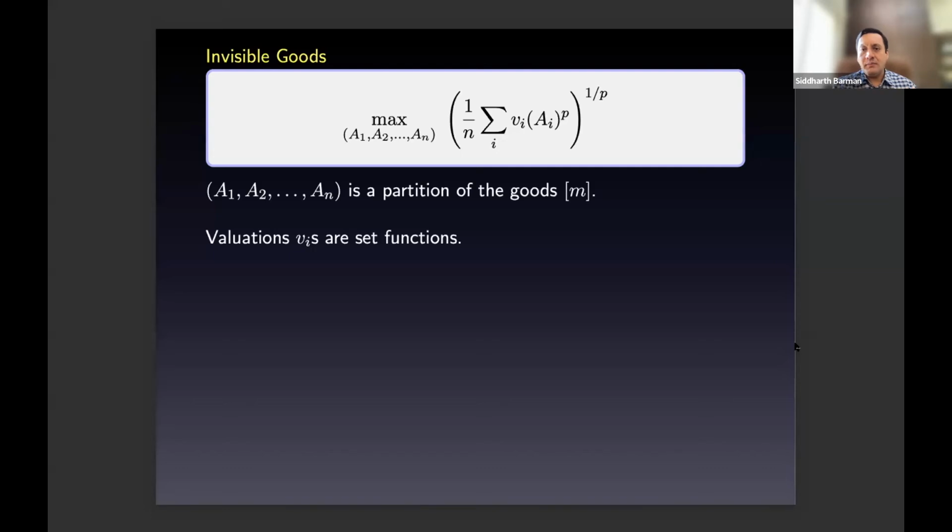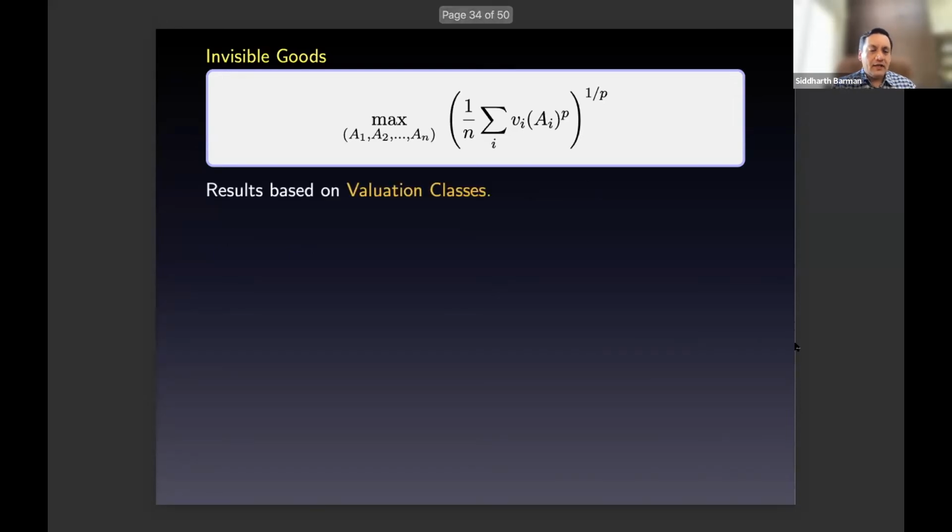I'm looking now at a partitioning problem, a combinatorial optimization exercise. As I said, the VIs are set functions. For every subset of goods, VI tells me the numeric value that agent I has for the subset. And the algorithmic results are going to be based on different valuation classes.